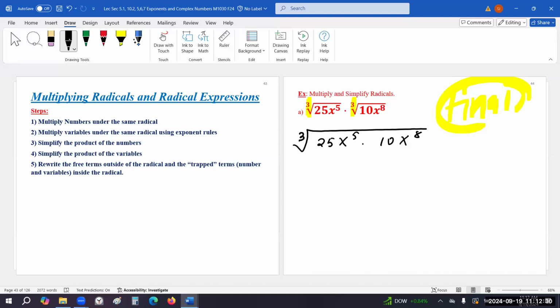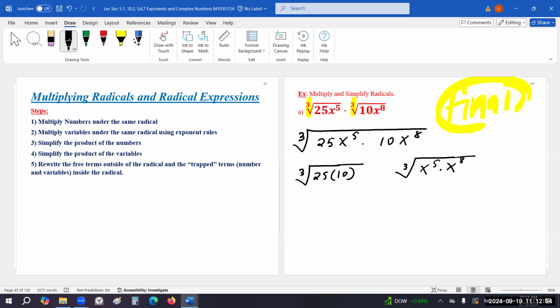So we are going to separate them because we solve them separately. So cube root of 25 times 10 and cube root of x to the 5 times x to the 8.